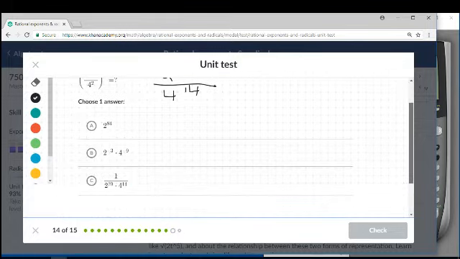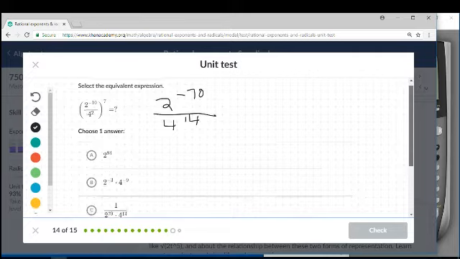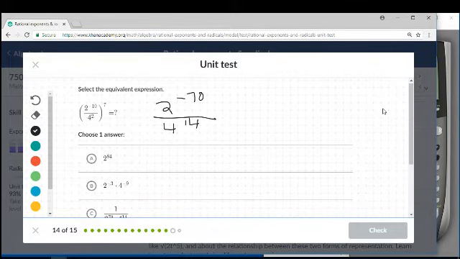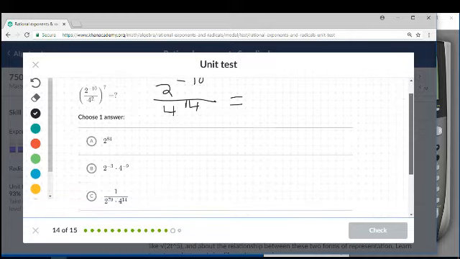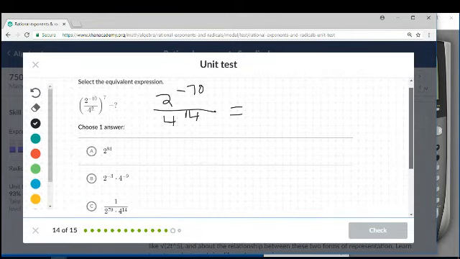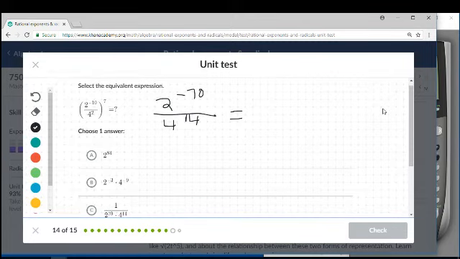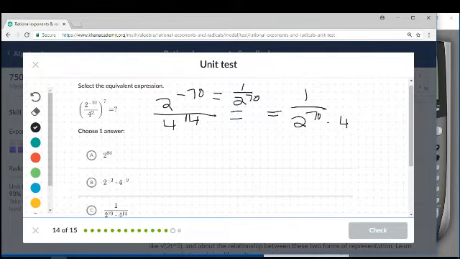Let's look at our options. 2 to the negative 70th can also be written as 1 over 2 to the 70th, so that could be written as 1 over 2 to the 70th times 4 to the 14th.